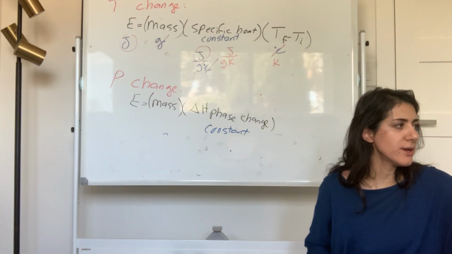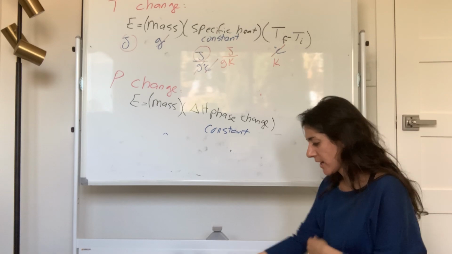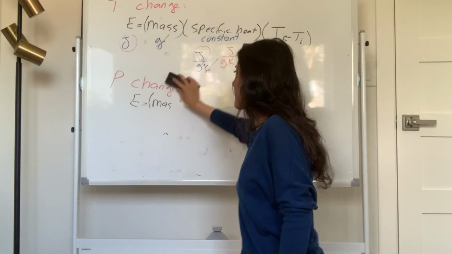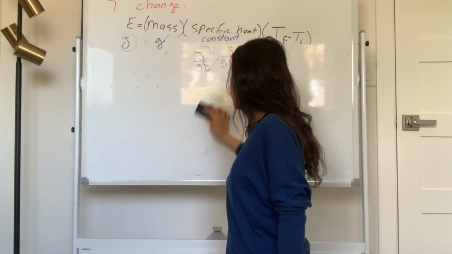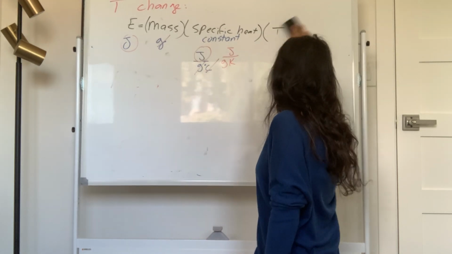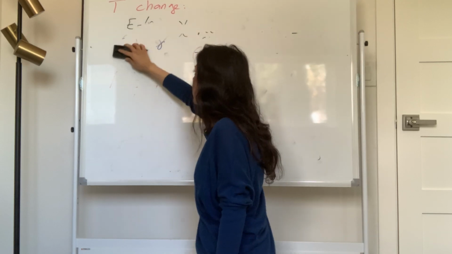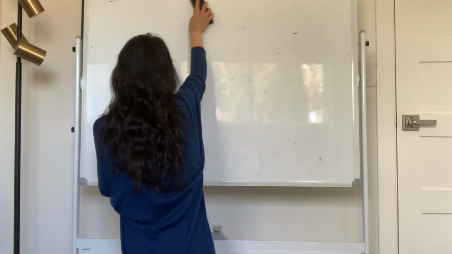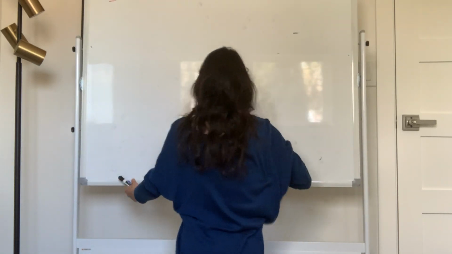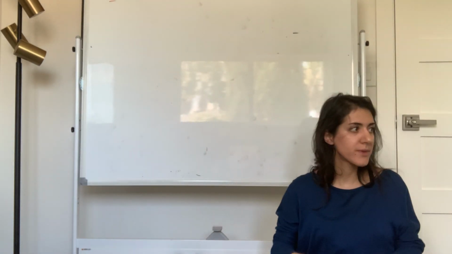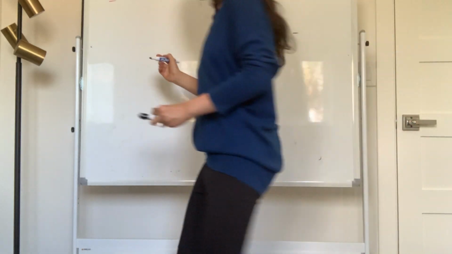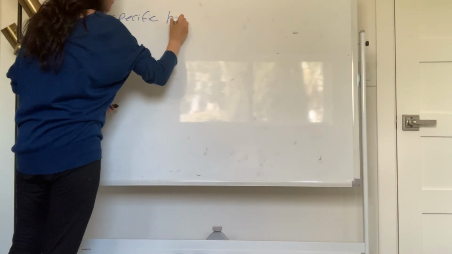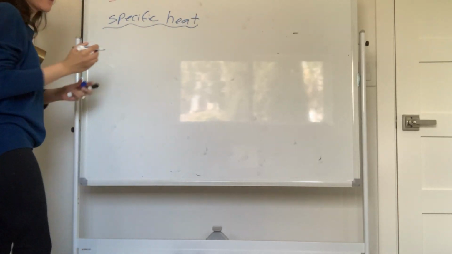Now, what I'm going to do now, I want to go over the temperature change equation and talk about what is specific heat. What is specific heat? It's a constant. But what does that constant mean?